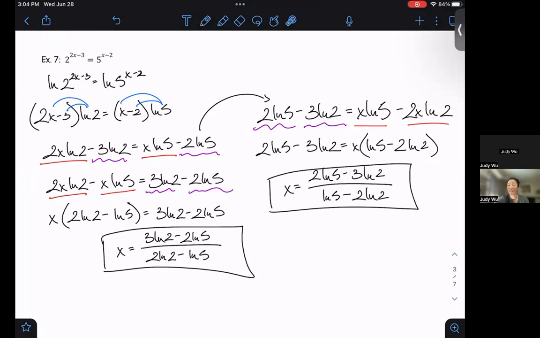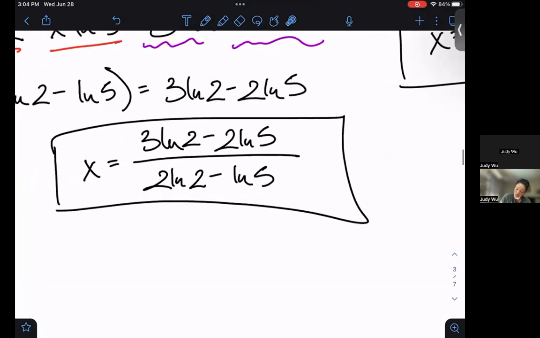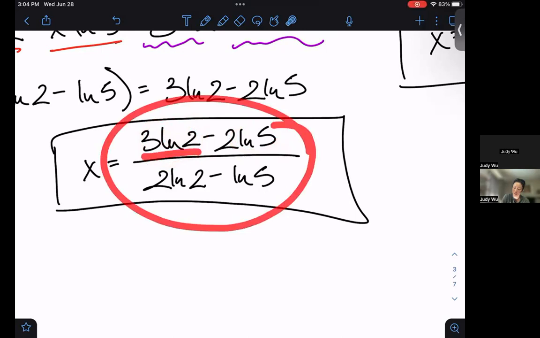Now, last thing I'm going to talk about on this video, some of us might be thinking, well, that answer looks really complicated. How come we can't just cross out these and cross out those? Okay. Well, here's the deal. If I want to cross out this natural log 2, I also have to divide this term by natural log 2. Right? I'd have to divide every single one of these 4 terms by natural log of 2.